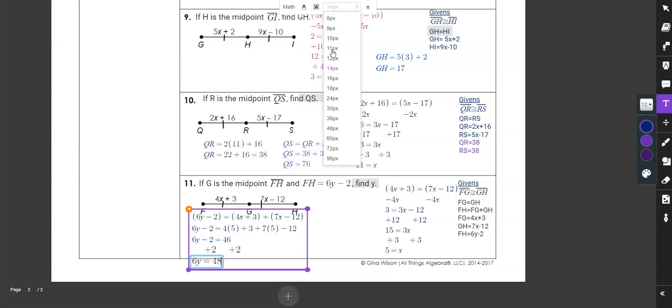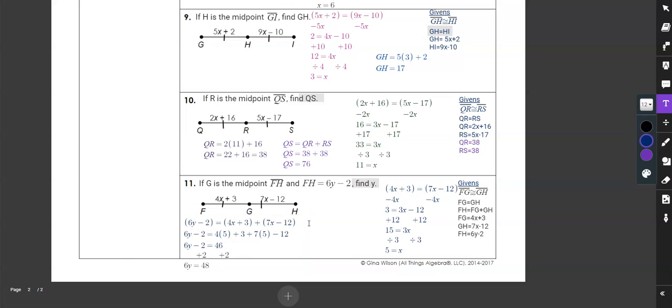Why is that so big? One moment. All right. I'm going to start a new line because it's run out. So we're going to go ahead and start with 6y is equal to 48. Then the next thing I need to do is divide both sides by 6.